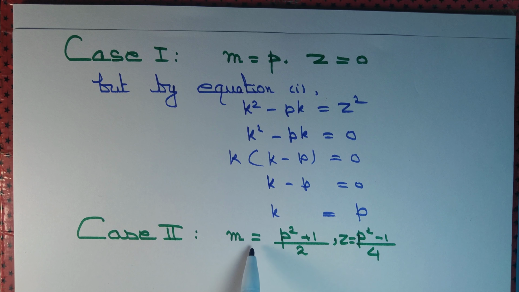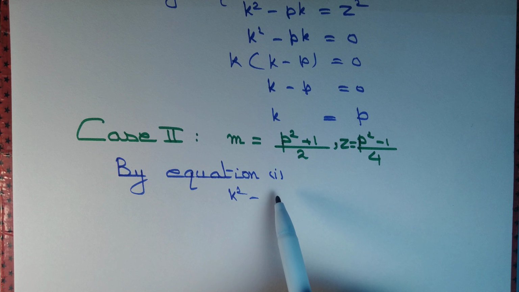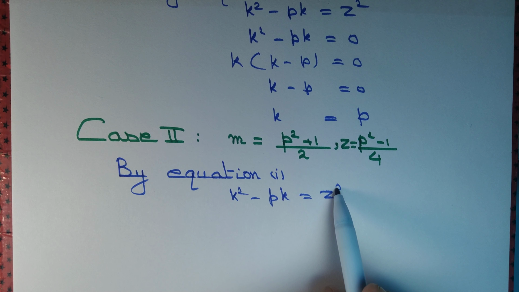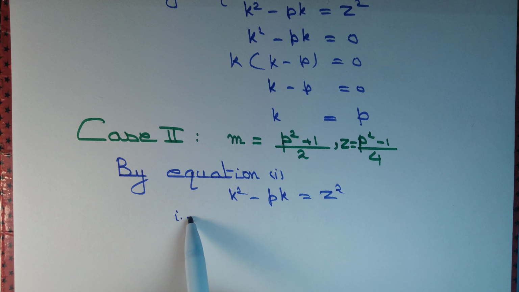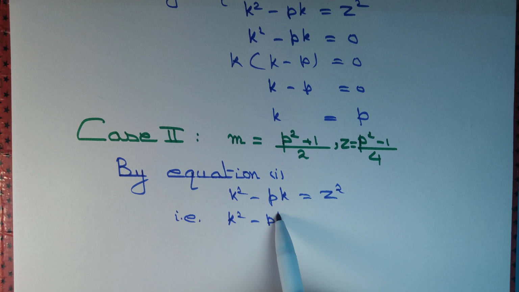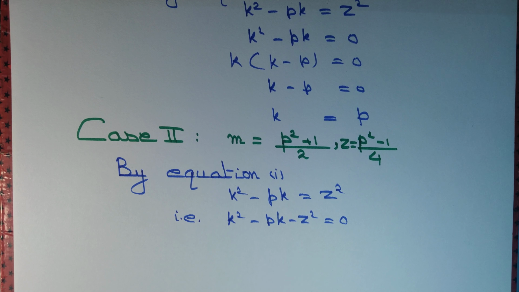What about the case m equal to (p square plus 1) by 2, z equal to (p square minus 1) by 4? By equation 1, k square minus pk equal to z square. That is k square minus pk minus z square equal to 0. Once again, this is a quadratic equation.